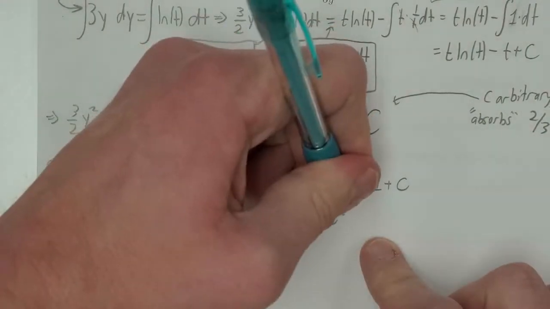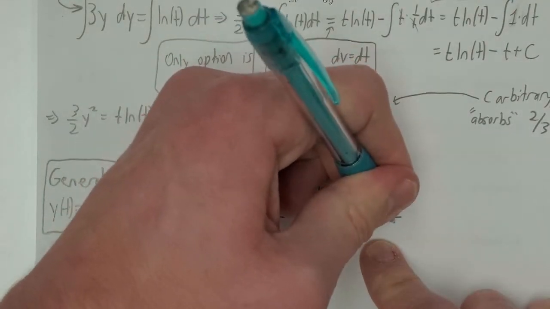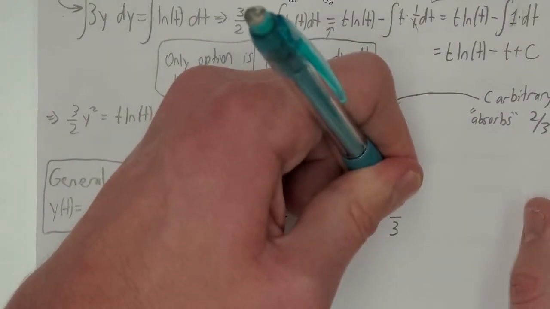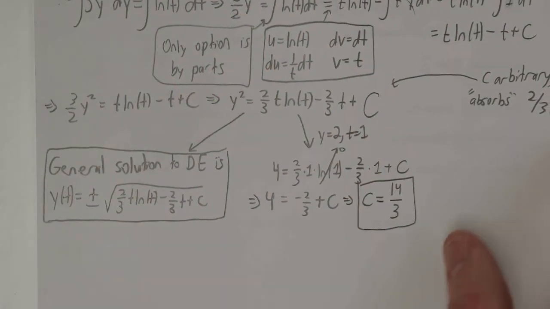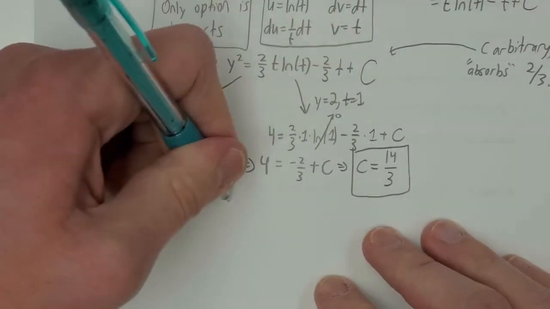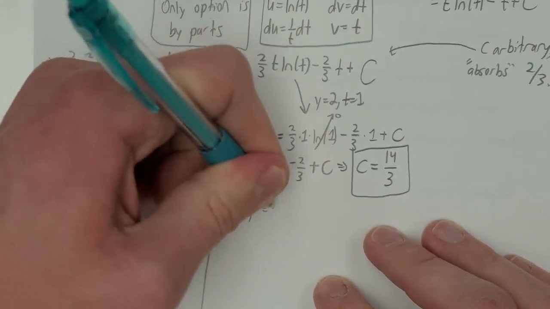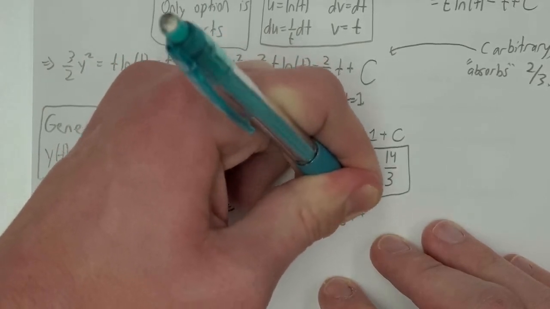A quick bit of algebra should then tell you that C is equal to what? What number over 3? It's just 14 over 3. That gives you the value of C. So we have y squared equal to 2/3 times t times natural log of t minus 2/3 t plus 14 over 3.